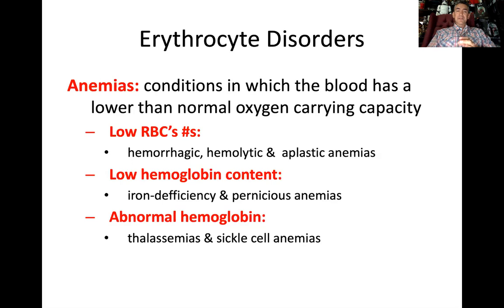So for whatever reason, the red blood cells can't carry the normal amount. So let's say, I don't know, normally if I go to the gym, I can lift a certain amount of weight, or I can squat a certain amount of weight. But maybe that day my ankle hurts, or maybe that day my arm is hurting. So I'm not going to be able to lift the same amount of weight that I normally do.